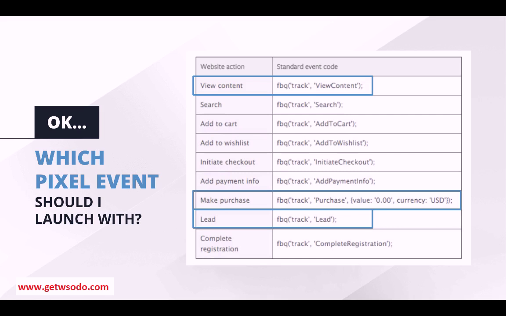Okay. And once you add all these pixels to your site, basically it's just a piece of code that you copy and paste. Then Facebook can start getting data. So when you start your ad and these pixel events start to fire, so let's say that you've chosen the lead objective.